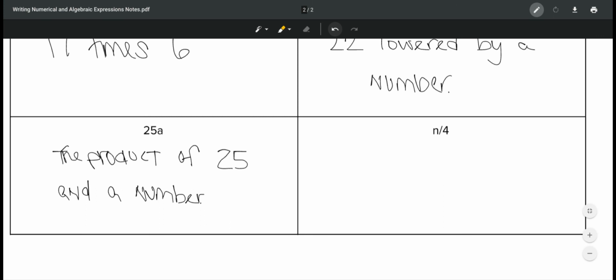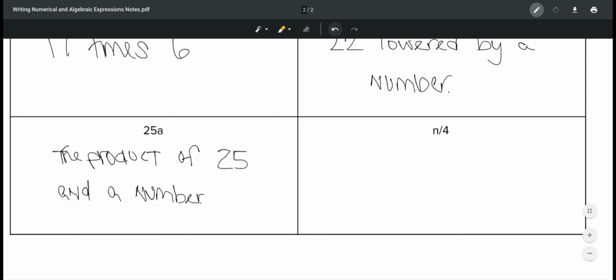Okay, so again, the key here is you need to tell me some word that tells me I'm multiplying 25 and the variable. So you could just write 25 times A, or 25 times a number. You could say the product like I did. You could say 25 multiplied by the letter A. It's up to you, but you got to tell me some word in there that tells me I'm multiplying. You cannot just say 25A.